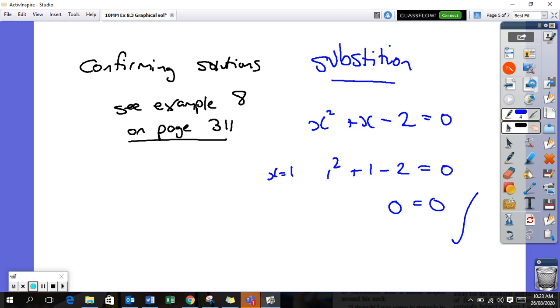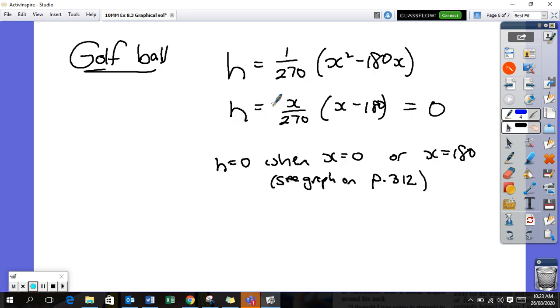And there's one more real life type example. There's a graph given to you in worked example 9, it's on page 312 of your book, of a person hitting a golf ball, and the height of the golf ball, h, is given by this formula. Now they actually show you the graph of the golf ball, so it's a curve that looks like that. And h is 0 at x equals 0 and x equals 180.